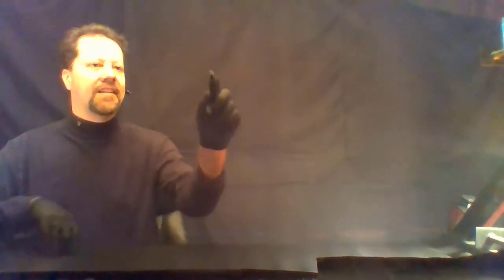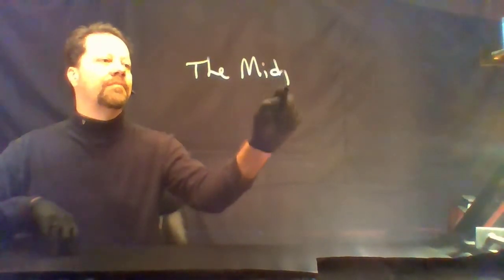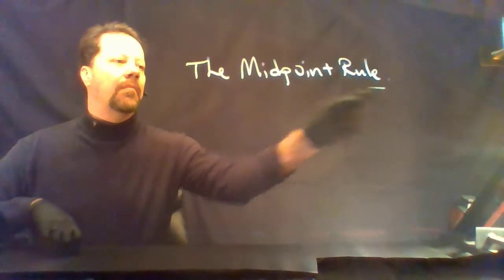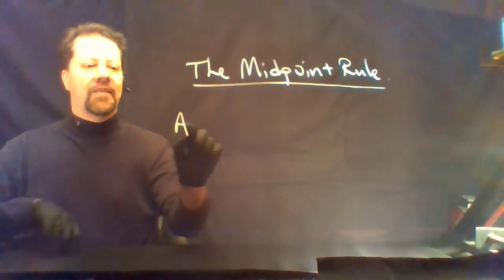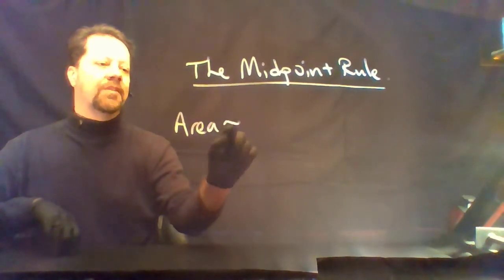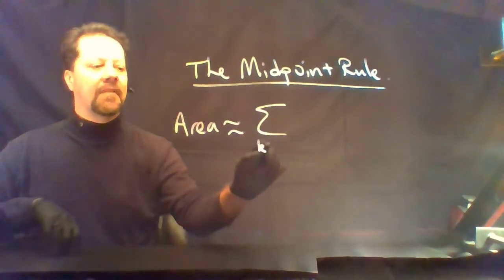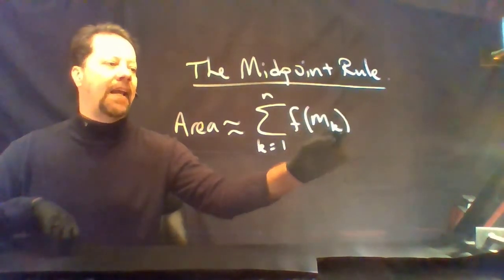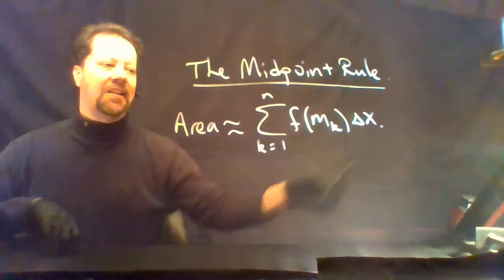We have then the midpoint rule, where the area of the undergraph is approximately the sum, as k goes from 1 to n, of f of mk times delta x.